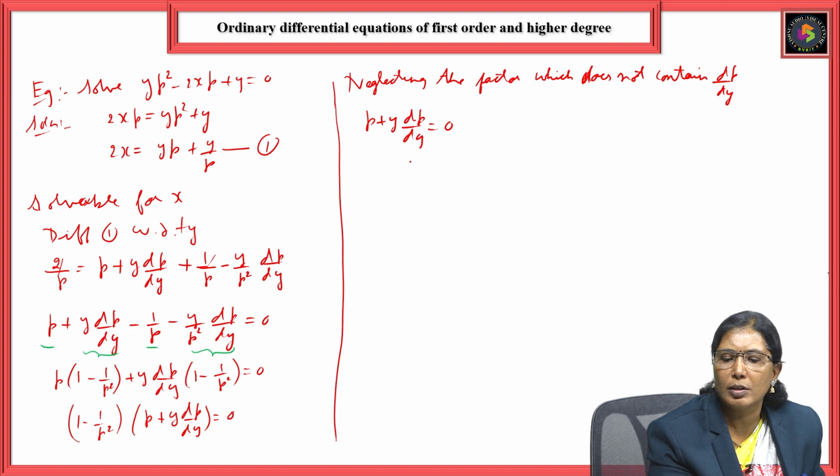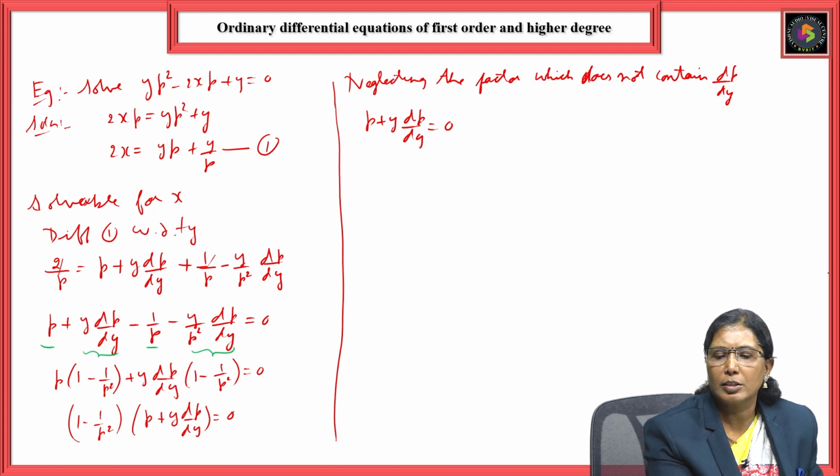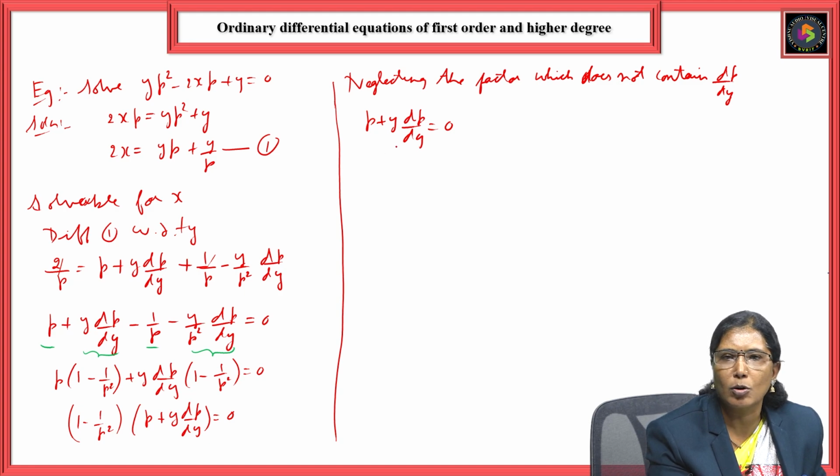Now we have to solve this. This is a differential equation in y and p. So solving, we get the general solution. We can solve this by variable separable. p = -y dp/dy.